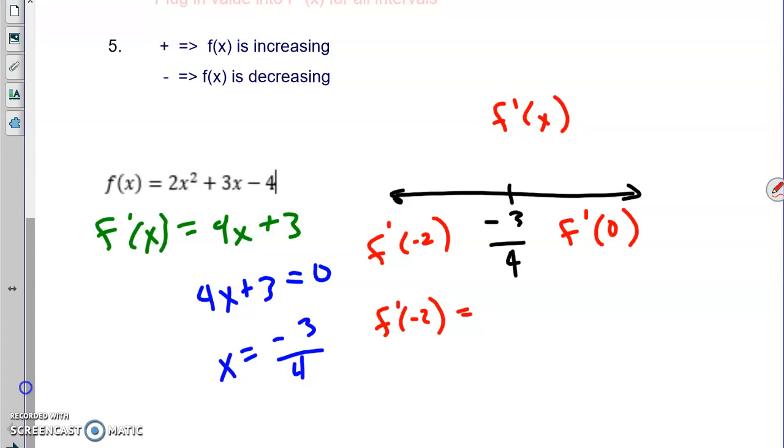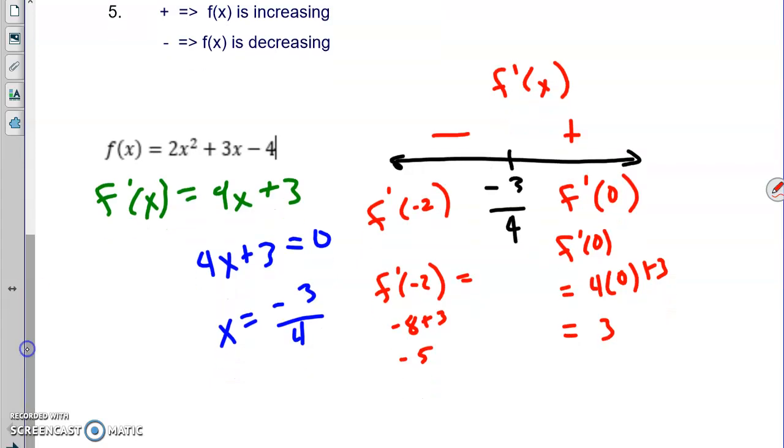Negative 2 times 4 is negative 8 plus 3 is negative 5. So that interval is negative. F prime of 0 is 4 times 0. Again, I'm going slow. Plus 3 equals 3, which is positive. So what does that tell me?